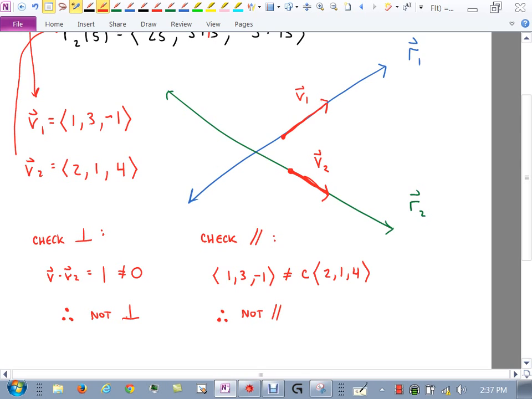All right, so now the hardest part of it is, are they skew? I mean, do they intersect?